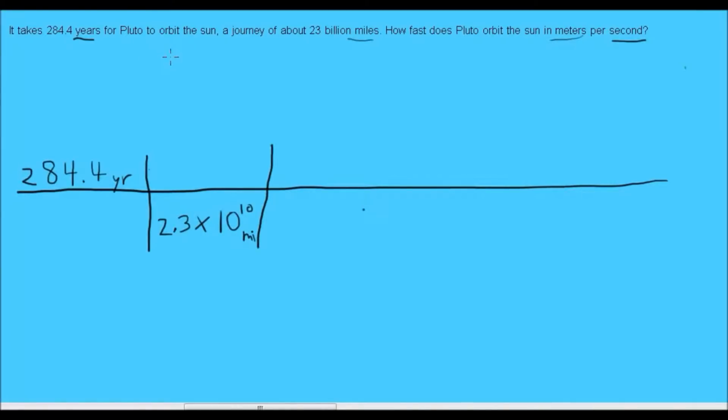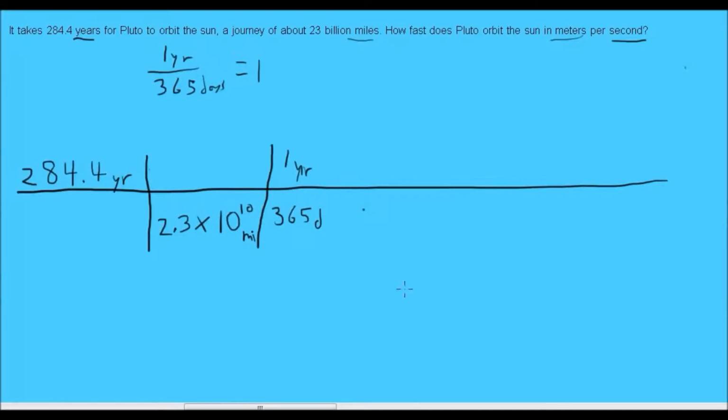We know that a year is 365 days. So if we write 1 year over 365 days, this actually equals 1. And so if you multiply anything by this value, you're going to get the same number. So without changing the ultimate value, we can say 1 year over 365 days.